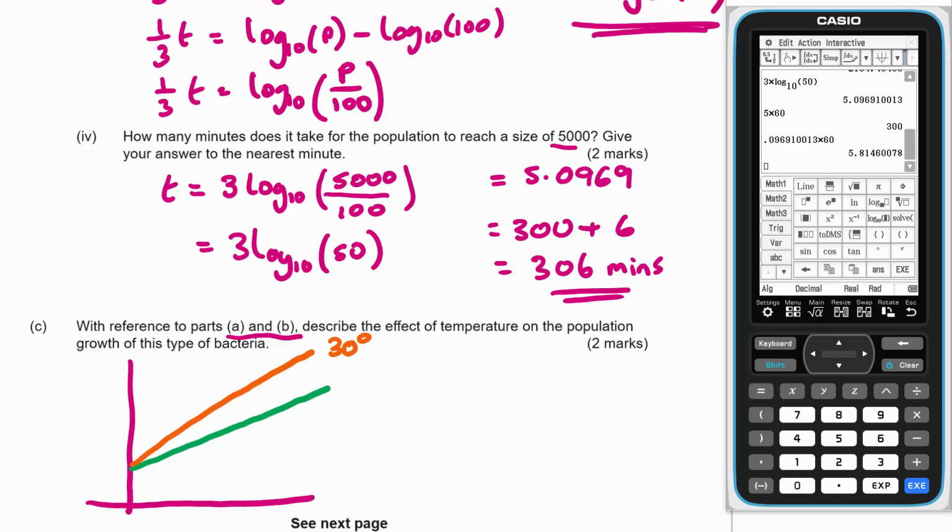The green one was the 40-degree one, because we know that the gradient of this one was 1/3 and the gradient of this one was 1/2. So the 30-degree has a greater growth rate.